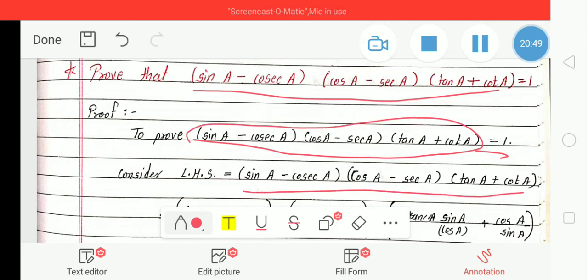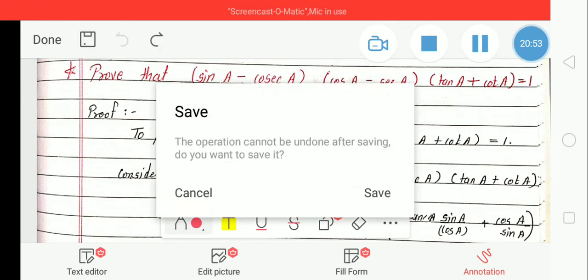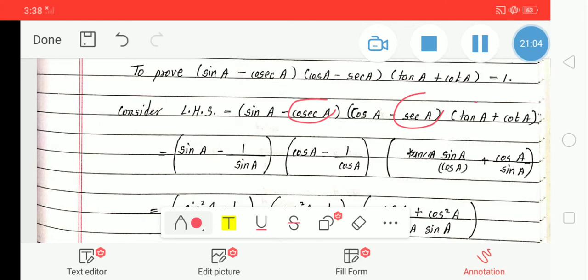We take sin A minus cosec A, cos A minus sec A, tan A plus cot A. Now we know that cosec A means 1 upon sin A and sec A means 1 upon cos A, and tan theta means sin theta divided by cos theta and cot means cos theta divided by sin theta. So we can write these formulas into this equation.